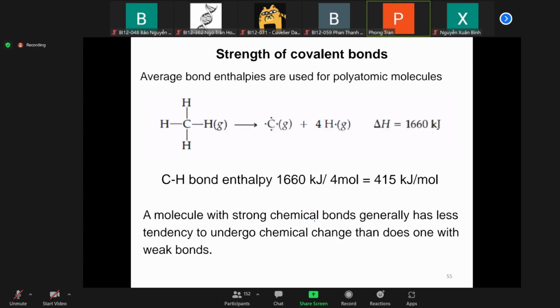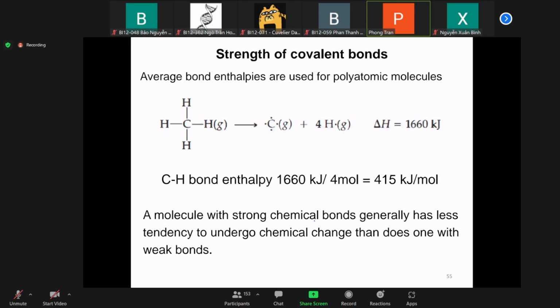So you take the energy for breaking the molecule CH4 in the gas into 1 mole of carbon gas and 4 moles of hydrogen gas. You have the enthalpy of this reaction.